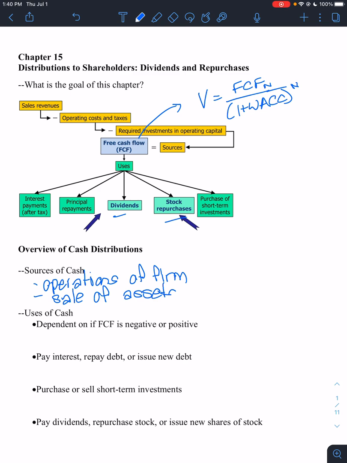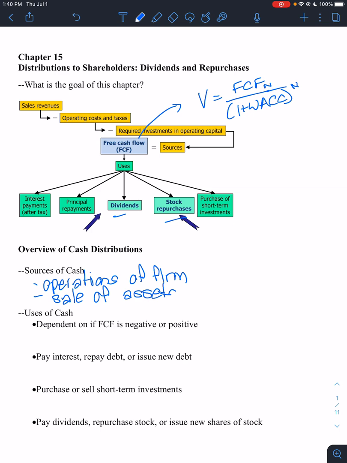Now, once we have them, how do we use them? Again, there's 5 basic ways, but we can kind of group them slightly different, because we have to realize that if the free cash flows end up being negative, that implies one thing that I do with them. If they end up being positive, that implies another.